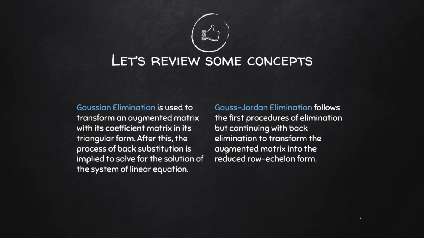After this, we use back substitution to find the solution of the system. And we apply Gauss-Jordan elimination by doing Gaussian elimination, proceeding with back elimination, and then transforming it into reduced row echelon form, and with that we can already have your solution available.